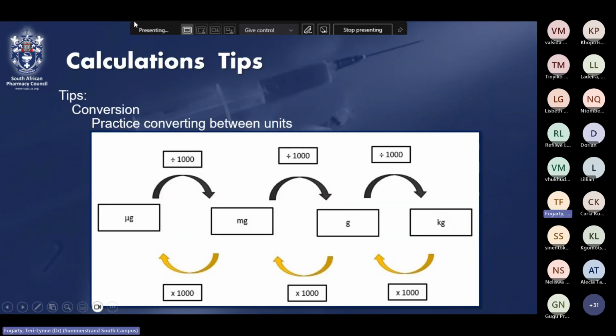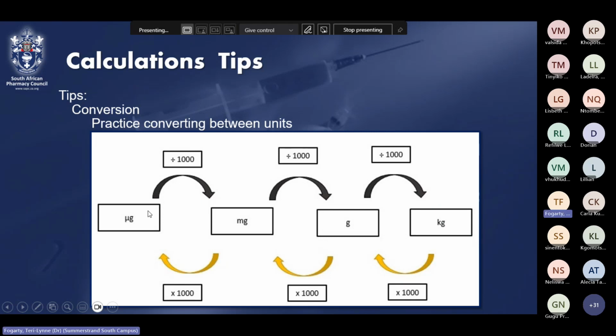So, calculation tips. I'm sure many of you recognize this kind of diagram, particularly if you've recently done your courses. This shows us conversion, how to convert between units. In this diagram, we're doing weight or mass. So we've got micrograms being the smallest unit up to kilograms, which is the largest unit.